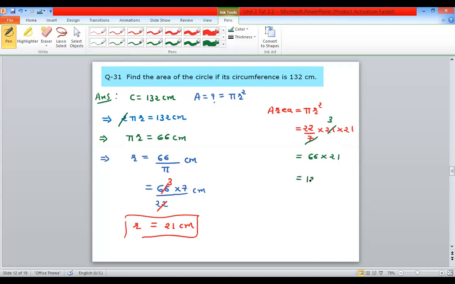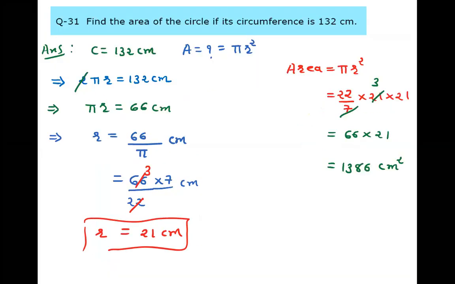This is 1386 centimeters square. This is your area. So by any quantity, you are able to find anything. If you have an area, you are able to find the circumference, and if you have a circumference, you are able to find the area, because in both equations we need the radius.